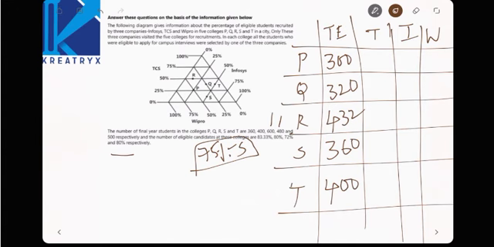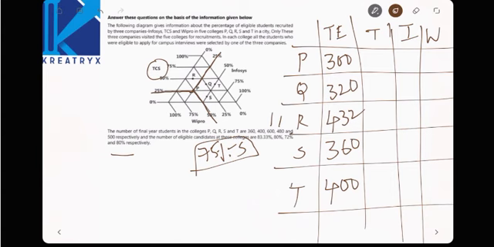Now let us write how many were selected in TCS, Infosys, and Wipro. For P, observe like this, TCS is this. See, you have to follow the diagram, okay? For P, Infosys is this, and Wipro is this. This is the way to observe the diagram: you have to follow the point and draw a straight line towards the axis.